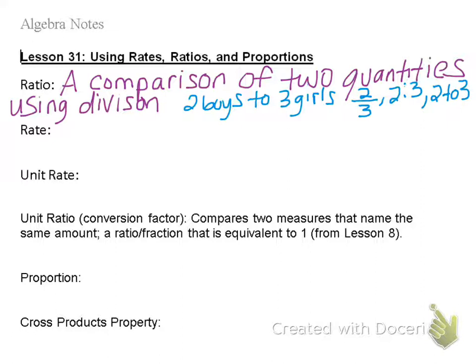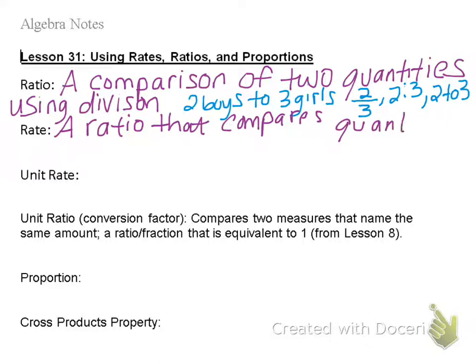Okay, a rate is a kind of ratio, a specific kind of ratio, that compares quantities measured in different units. Oop, I wrote the wrong word.